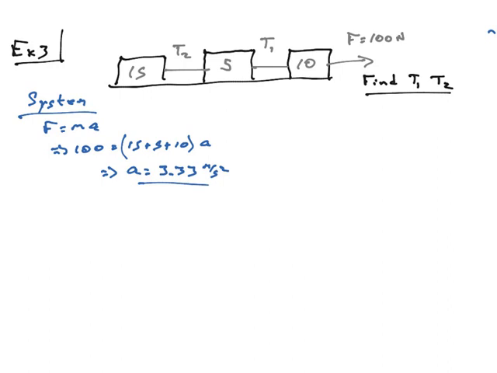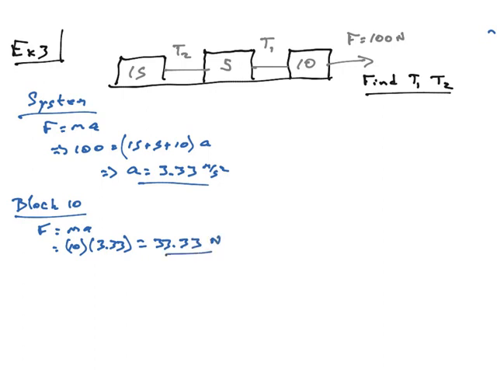So let's do that. Block 10 first. F equals ma. How much force does he need to get his mass of 10 up to his acceleration of 3.33? Obviously, it's 33.33 newtons.